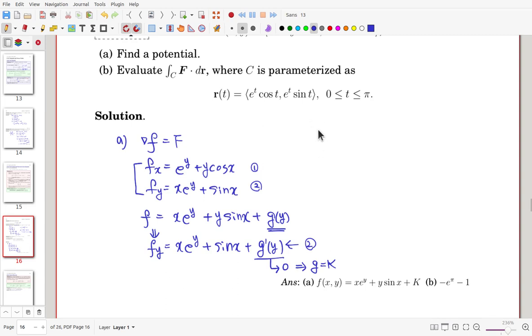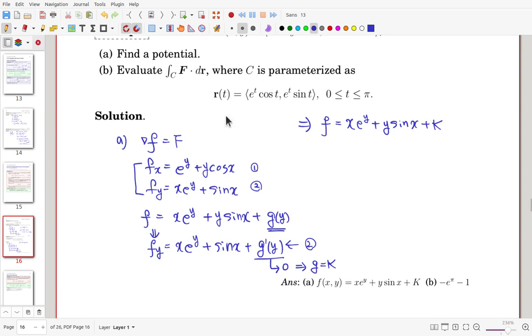So we found here F, the potential, is x times e to the y plus y sine x plus a constant k. Right? Okay.